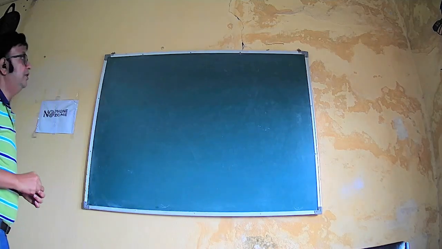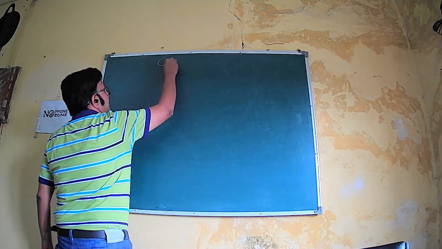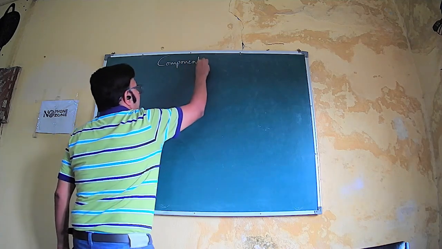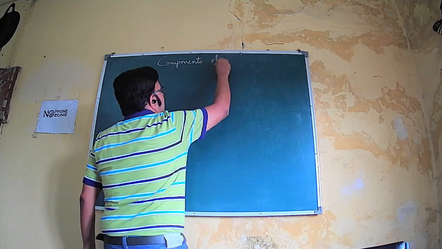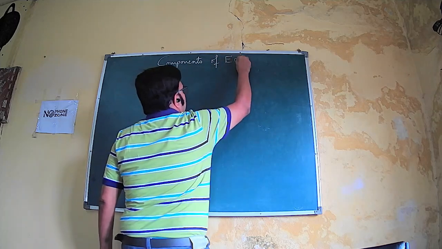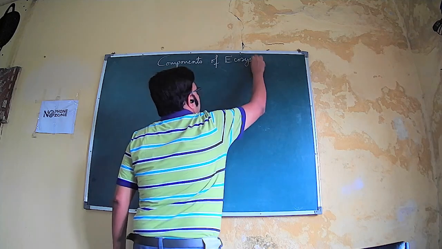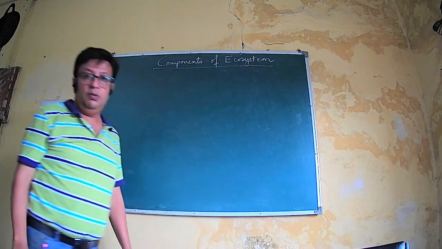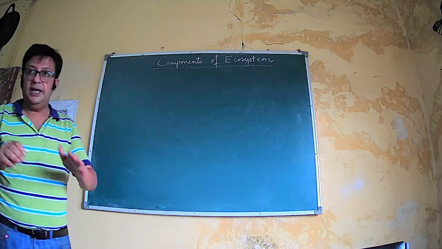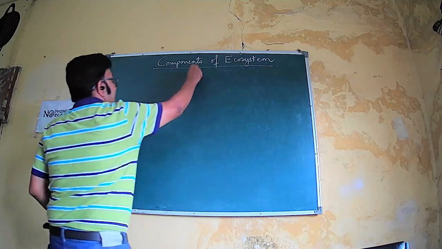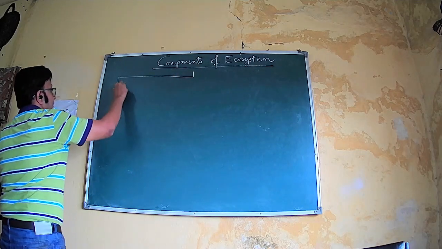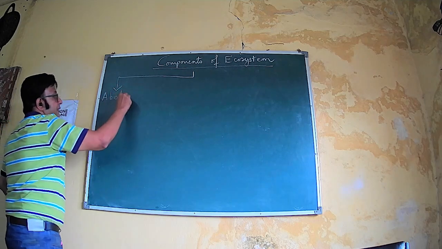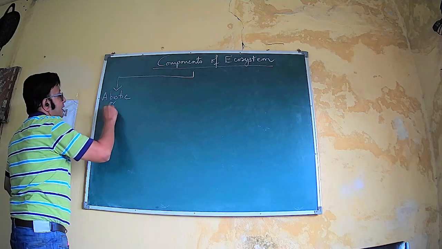Now we are going on to the components of the ecosystem. You know them, what they are. What are the components of ecosystem? First is abiotic or non-living factors.